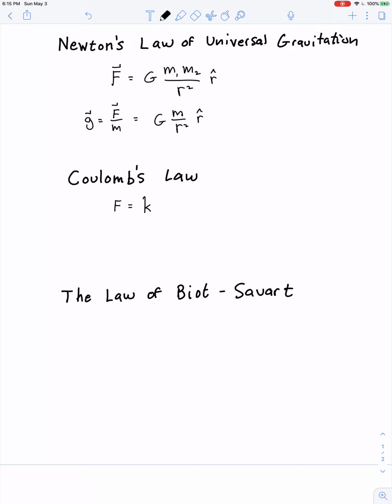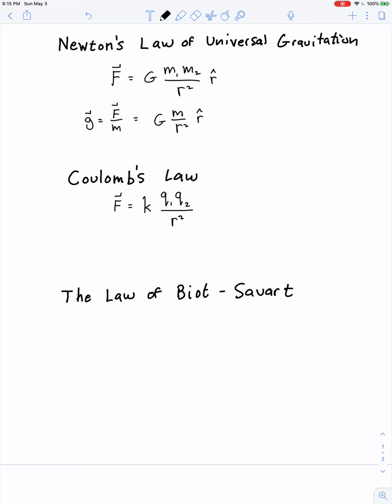The symbol for electric charge, instead of amount of mass measured in kilograms, is Q. It's a quantity measured in coulombs. If I multiply the number of coulombs of charge in one object times the amount of charge in a second object and divide it by the separation of the two objects squared, this represents a way to calculate electrostatic forces.